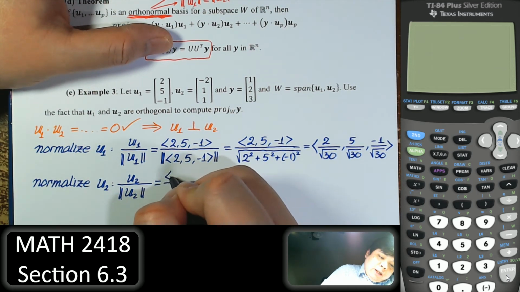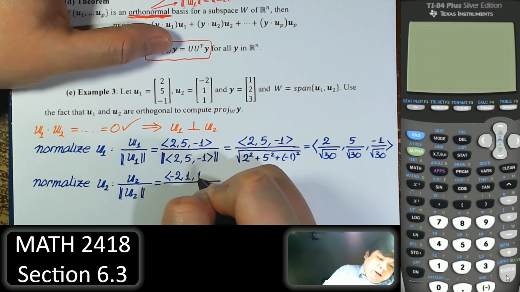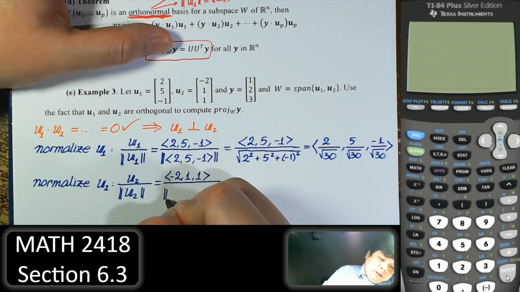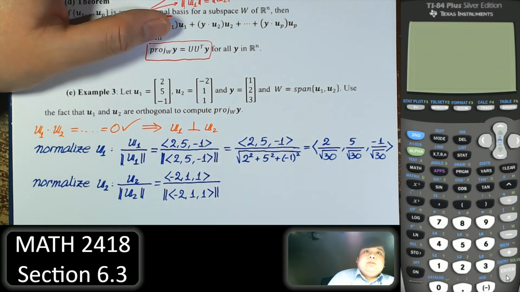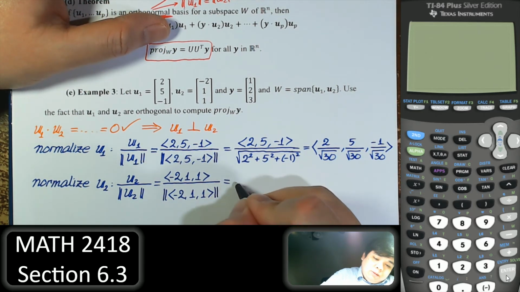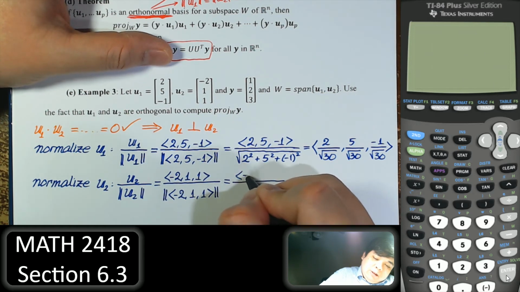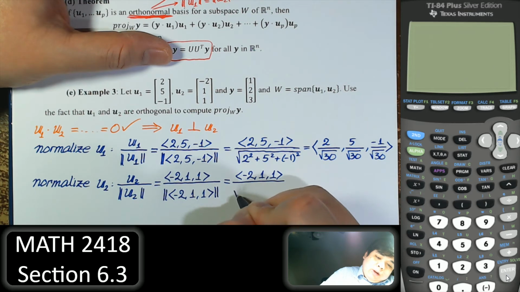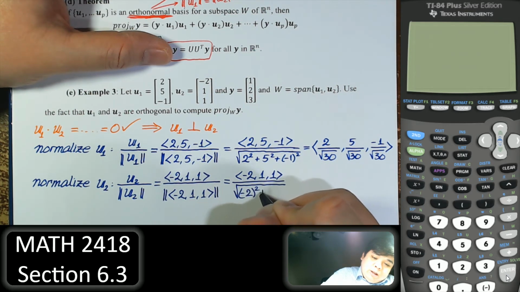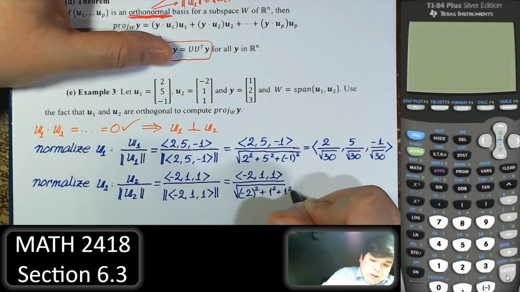So negative 2, 1, and 1, divided by the square root of negative 2 squared, 1 squared, and 1 squared.